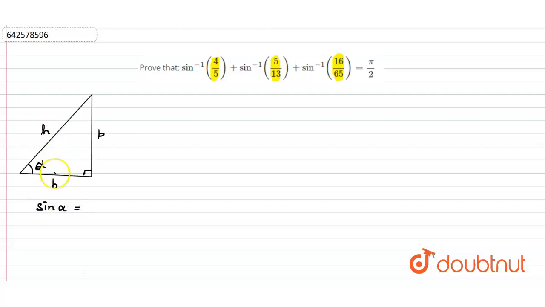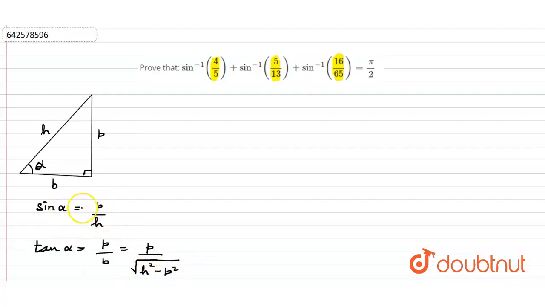From this right angle triangle, sine alpha is nothing but perpendicular upon the hypotenuse, and consequently tan alpha is going to be perpendicular upon the base. In other words, by the Pythagoras theorem, tan alpha is perpendicular upon root over hypotenuse square minus perpendicular square.